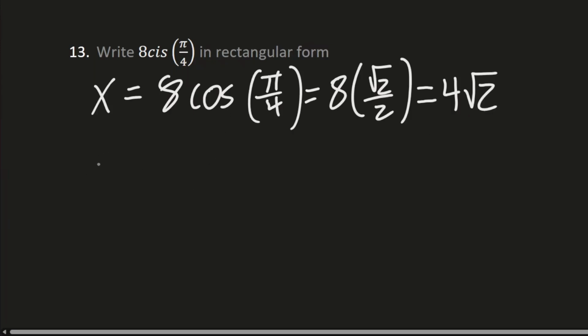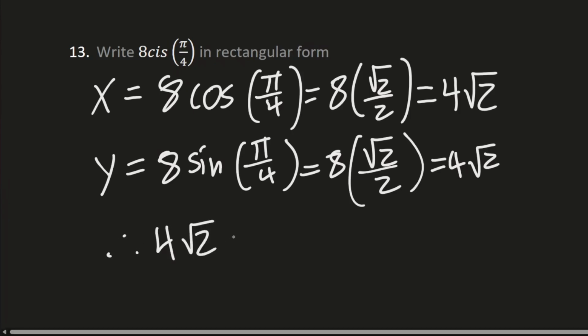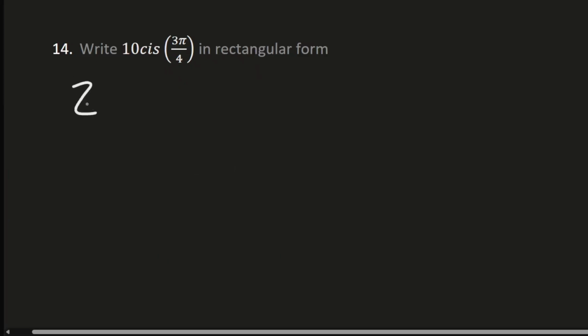For our imaginary part, y is going to be equal to 8 times the sine of pi over 4, which is square root of 2 over 2. 8 divided by 2 is 4, and so this also evaluates to 4 square root of 2. And therefore, we can write this complex number as 4 square root of 2 plus 4 square root of 2i. And putting that in the equation, z is equal to 10 cis 3 pi over 4.